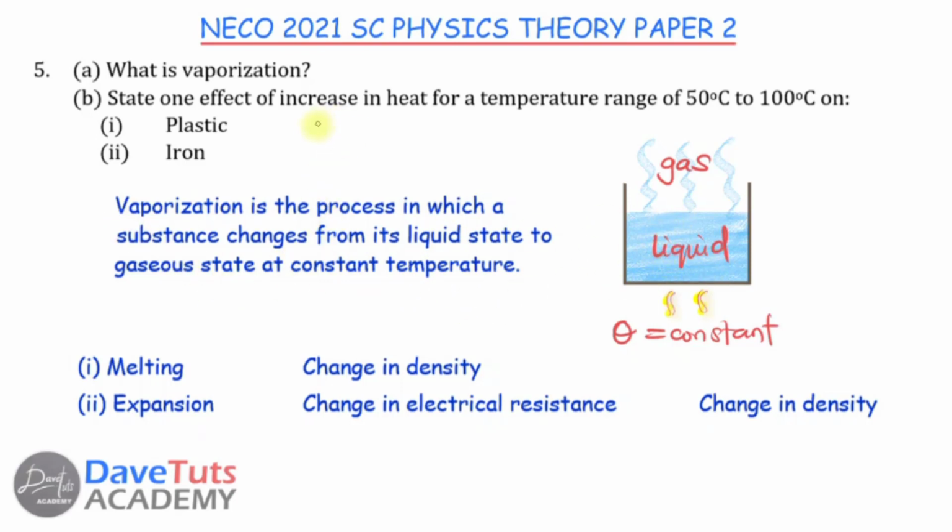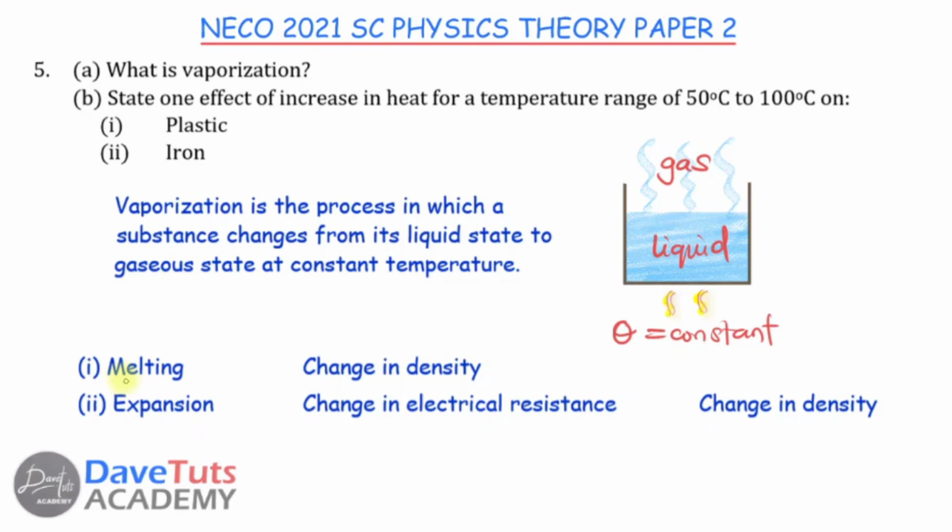And then, looking at the second question, what we are being asked inherently is to consider what will happen to this particular material. Is it going to melt, or is it going to just have some changes in its properties as a result of the increase in temperature from 50 degrees Celsius to 100 degrees Celsius? Of course, for plastic, the plastic is going to melt because that is way above its melting point.